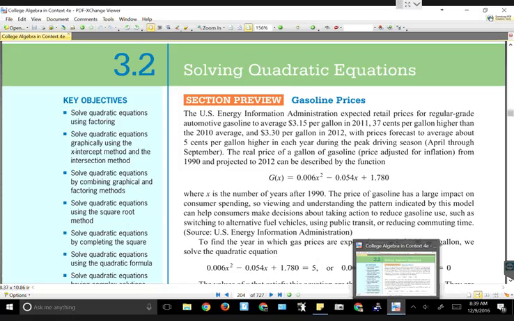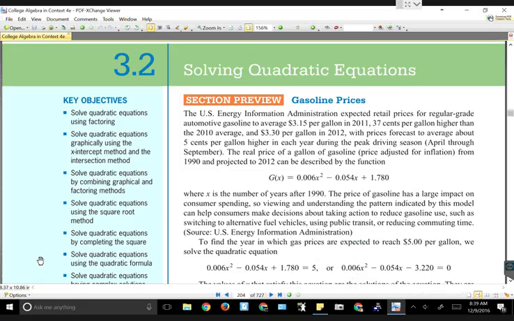And one of the things that you've got to understand is that these things follow a pattern. Okay? When you're asked to solve a quadratic equation, all you're doing is looking for a value that has a certain quality to it.